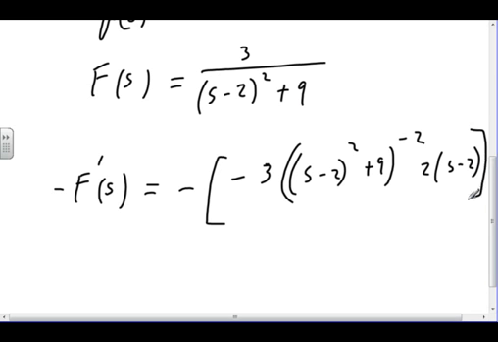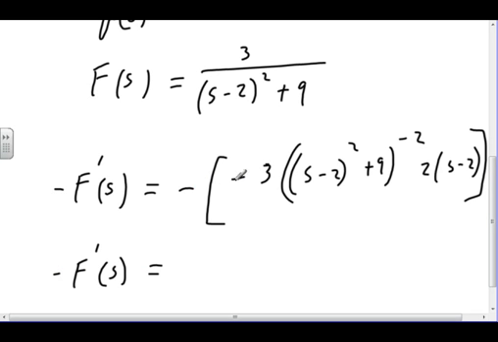Okay, so that looks good. That minus sign goes away, since we want minus f prime of s.